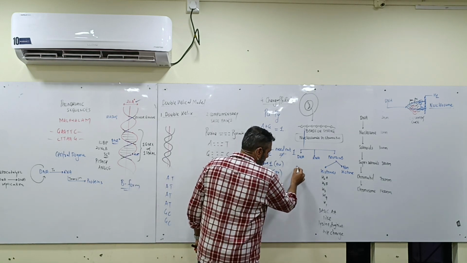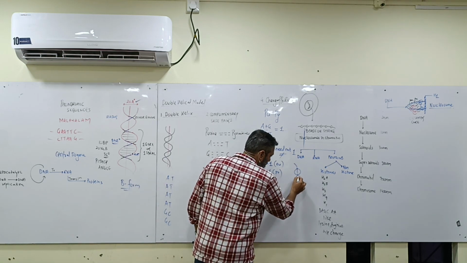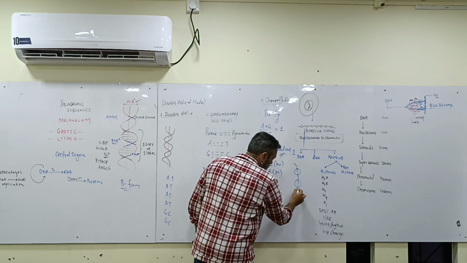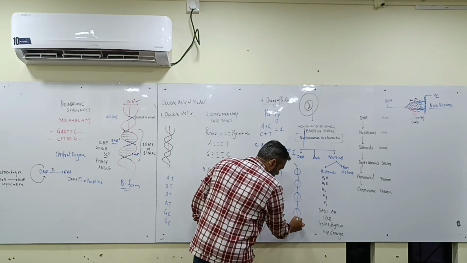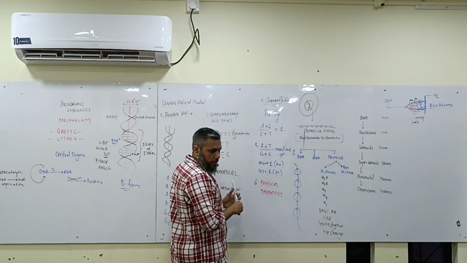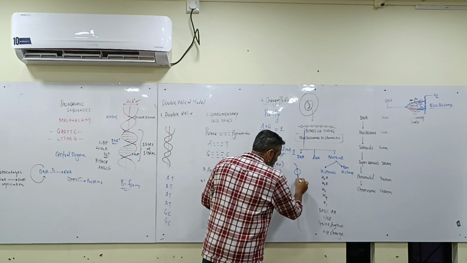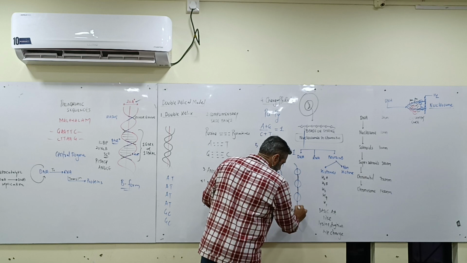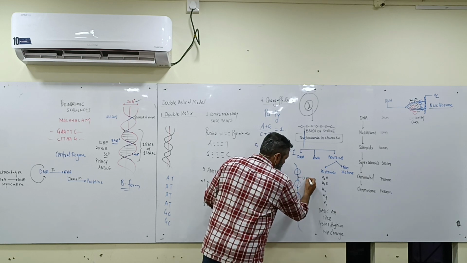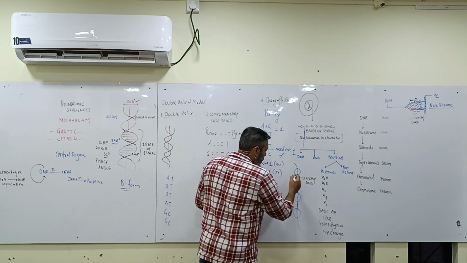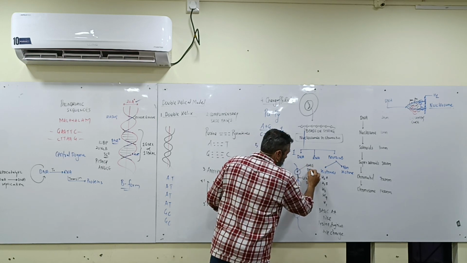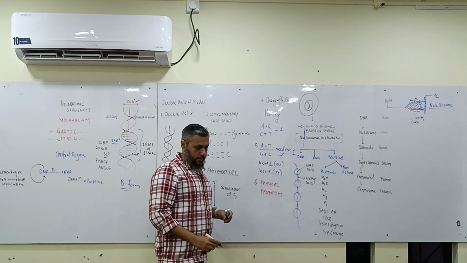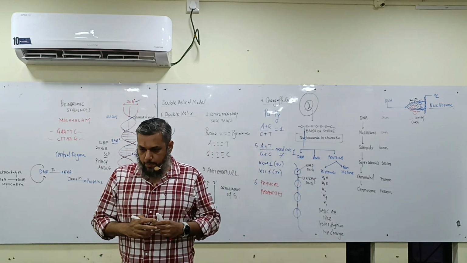Such many nucleosome units will be linked by which DNA? Linker DNA. And on the histone core will be your core DNA. What's the packaging?